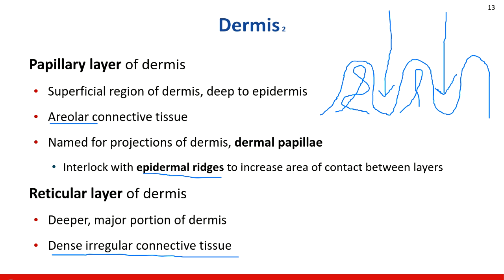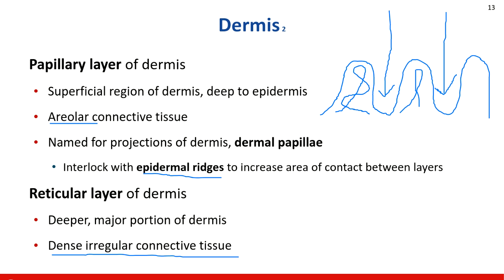So you can prove it to yourself by grabbing onto the skin on the back of your hand ever so gently and lifting it off a little bit and moving it around in a different direction. And it can withstand that because of that dense irregular connective tissue there.